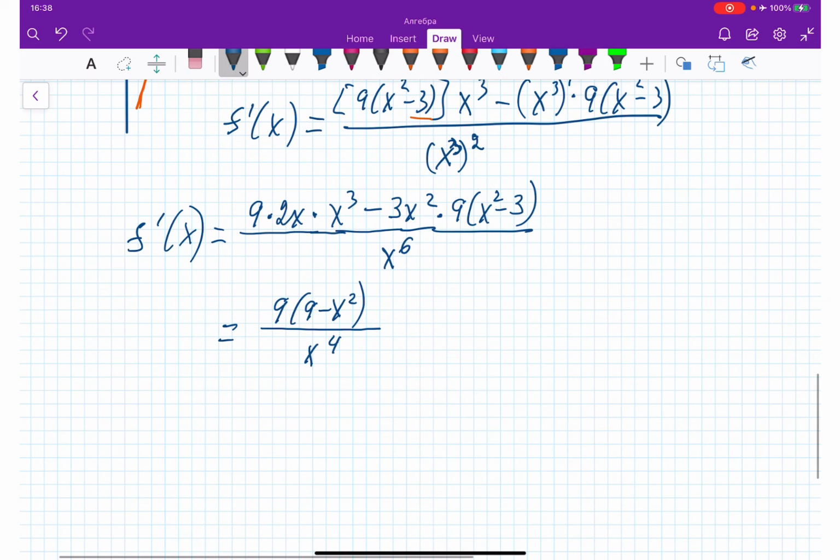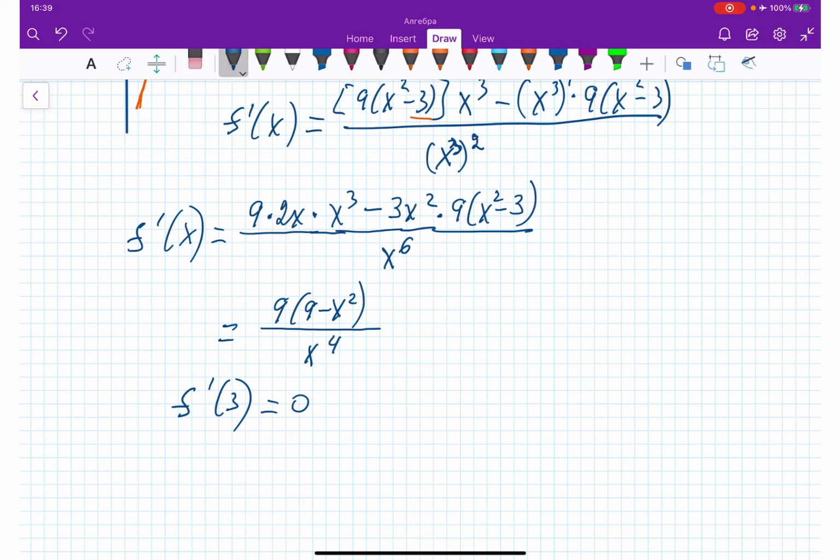If I plug into f prime of 3, if I plug this 3, I should get 0, right? Because what did I say? When we have a relative maximum, relative minimum, the rate of change is equal to 0, because let's say here it's equal to 0 because the slope is equal to 0, right? It's flat, it's a horizontal line. That's why. Okay.